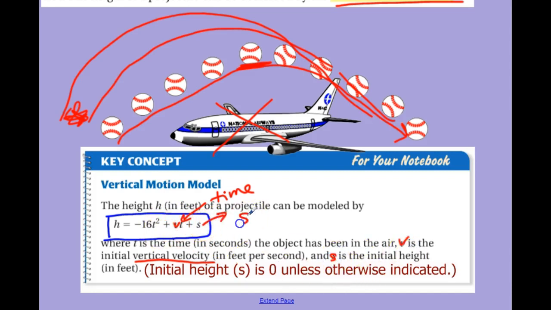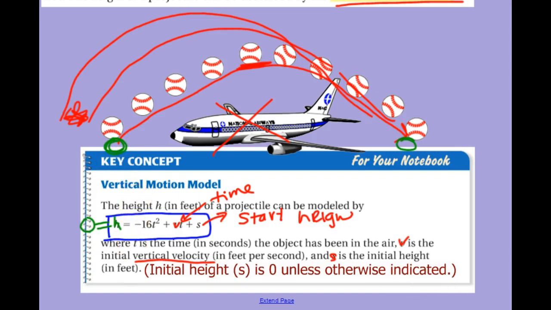I like to say starting height because it's the letter s. So h is the ending height, where it ends up at, which is usually 0. You normally start and end at the ground. Okay? So, like it says here, initial height is 0 unless otherwise indicated. If they tell you you're standing on a deck that's 20 feet high, well, you start at the deck here, which is 20 feet high.